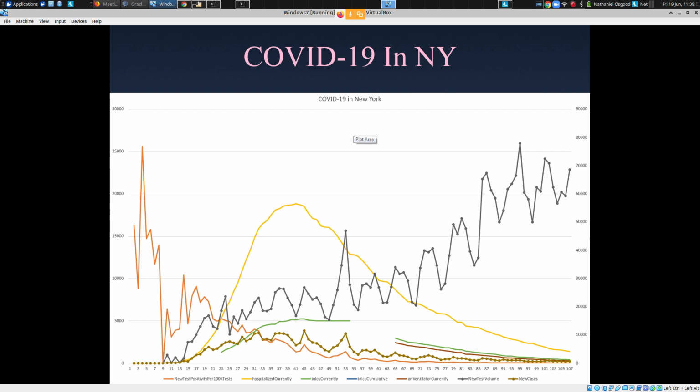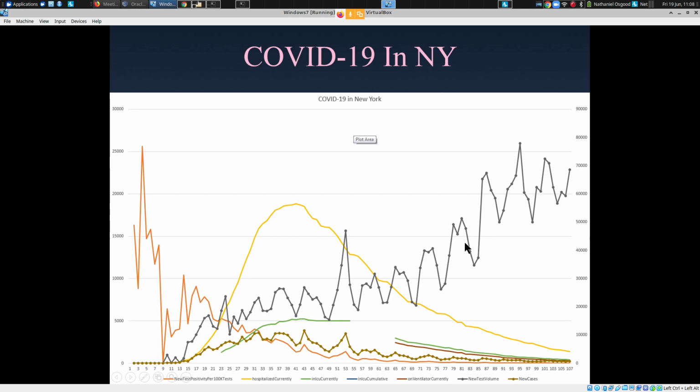This data is telling us something, but understanding what it's telling us is challenging. None of this is in isolation from anything else. The number of tests surely are impacting the number of new cases found per day. The number of new cases found per day is telling us something about the underlying occurrence of infection that's affecting positivity of tests, for example.